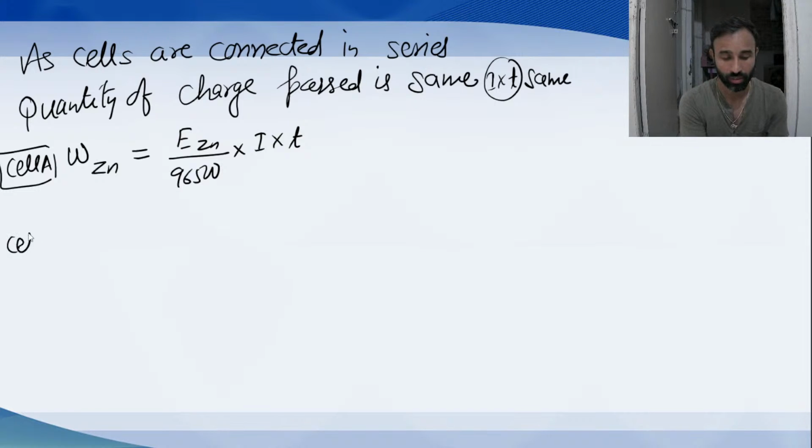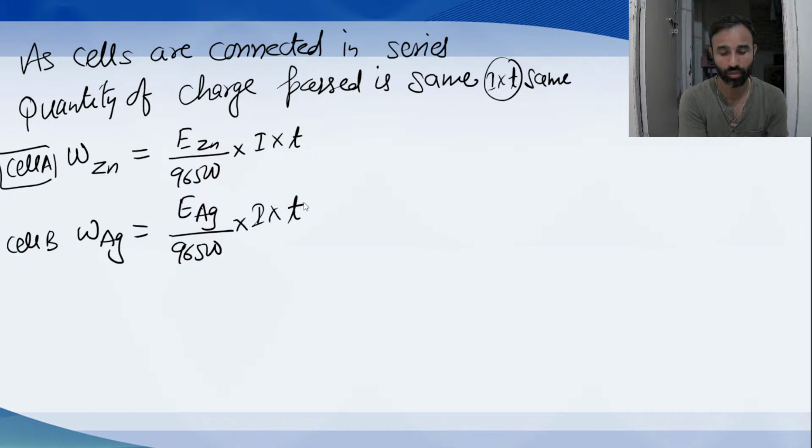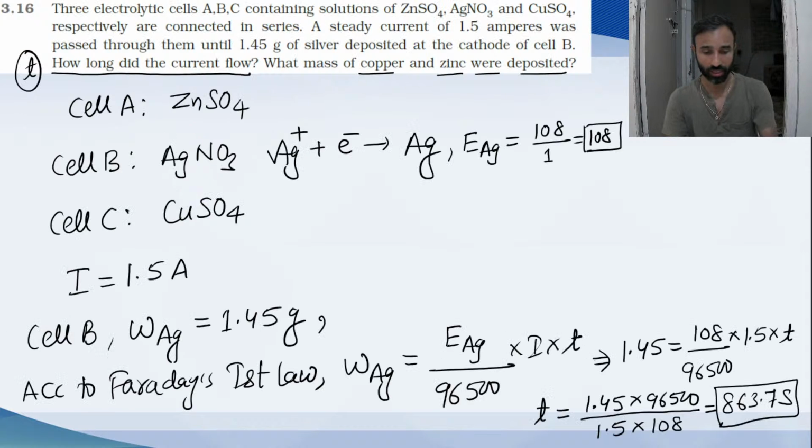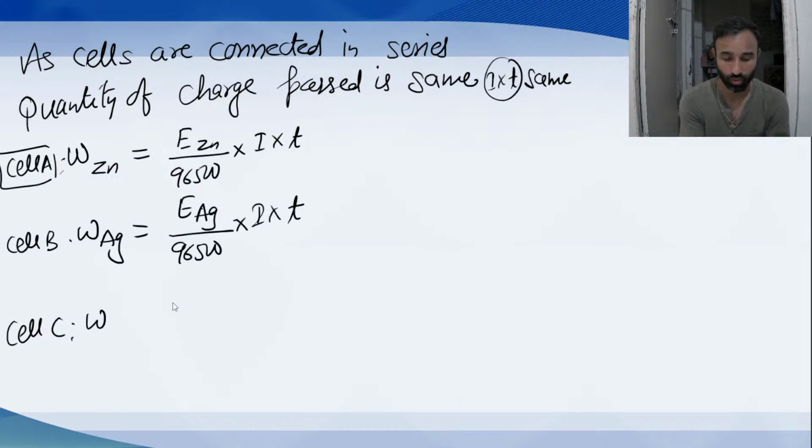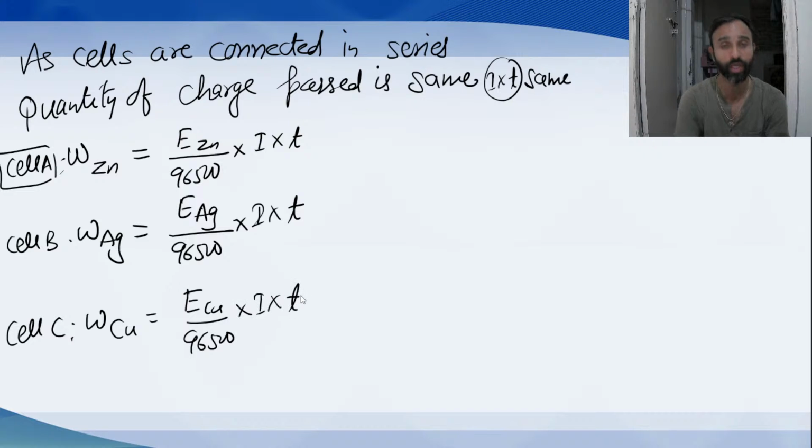Next, on cell B, weight of silver equals equivalent weight of silver over 96500 into I into T. At cell C, cell C is copper sulfate. So weight of copper deposit is equivalent weight of copper over 96500 into I into T.